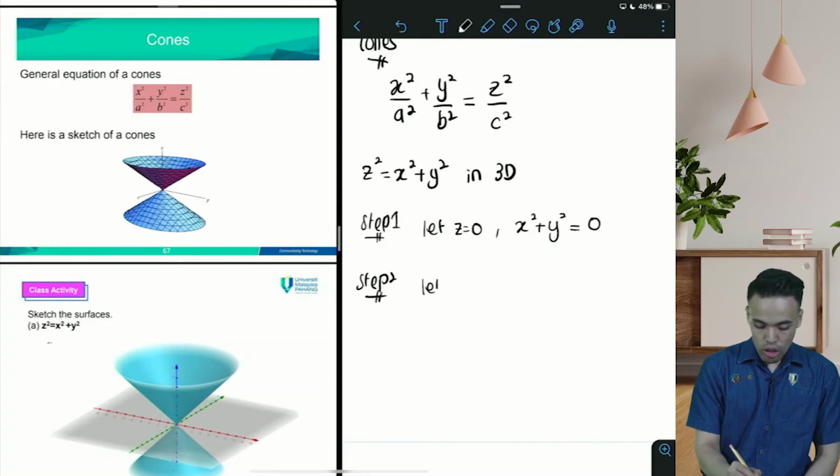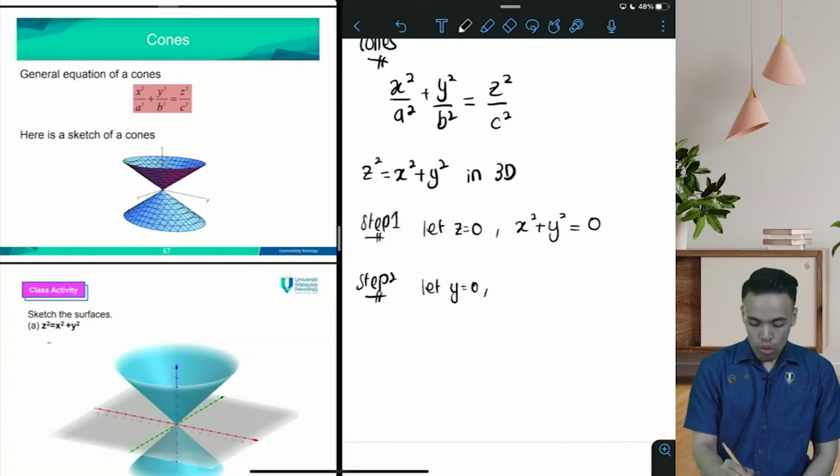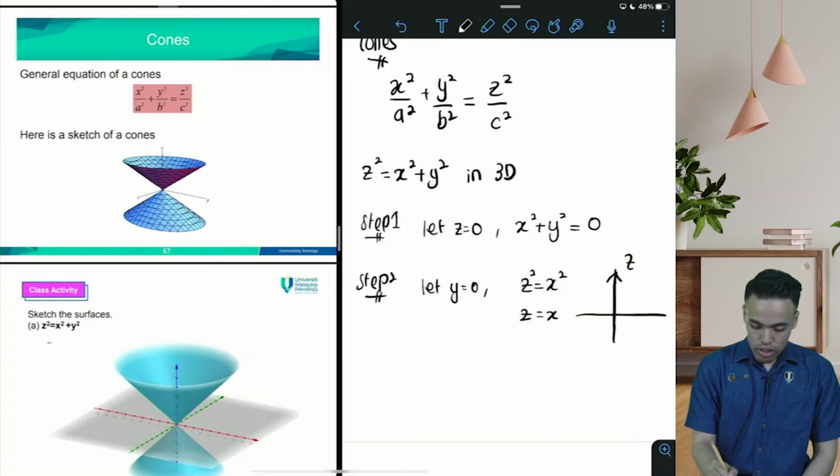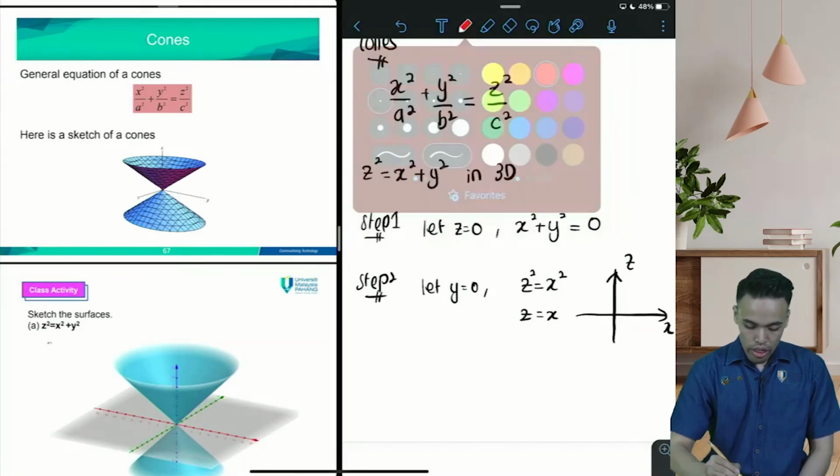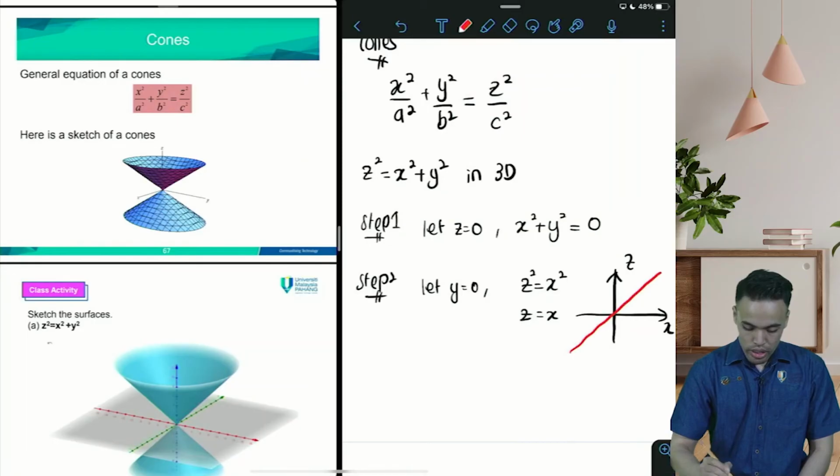So in this case, you will let y is equal to 0. When y is equal to 0, you will get z squared is equal to x squared, so z is equal to x. So you will get z versus x, and you will end up with a straight line.